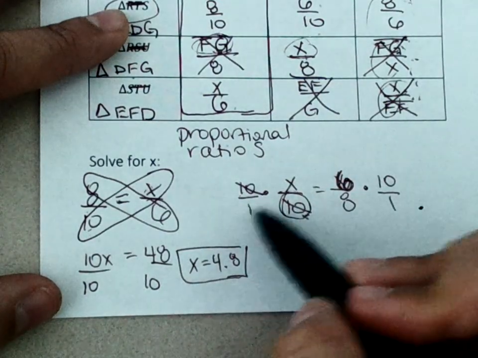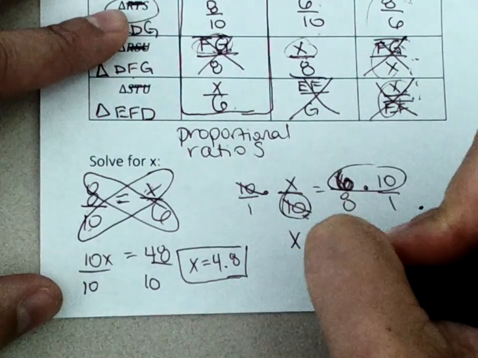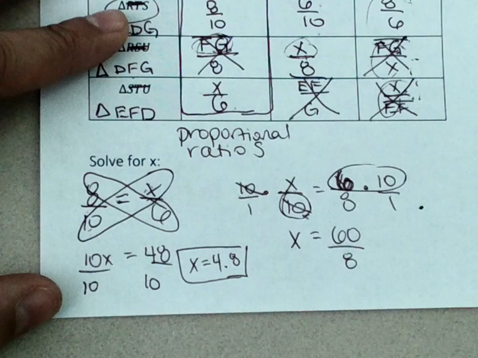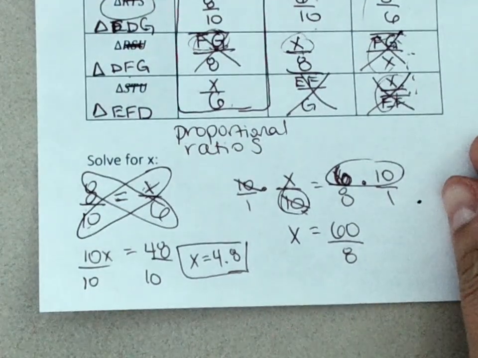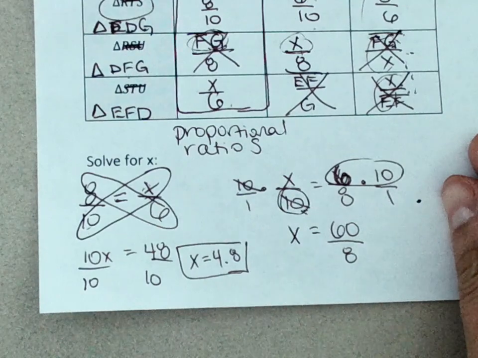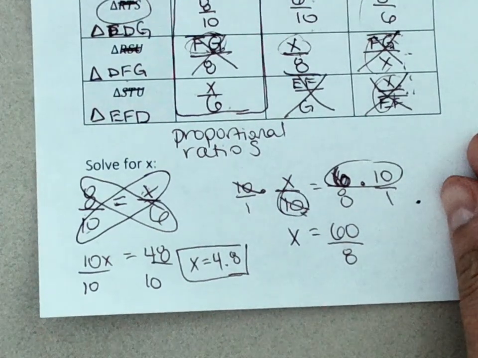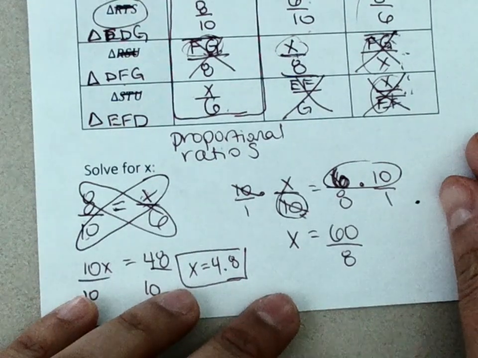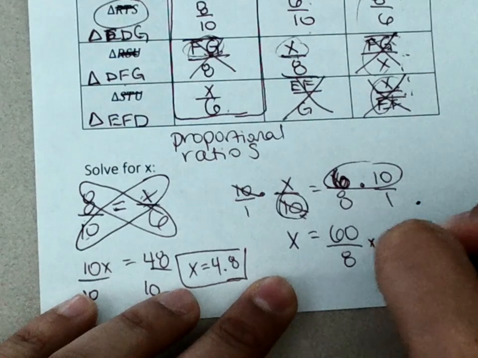So this is going to give us just X. This will give us 60 over 8. And 60 over 8 gives us 7.5.